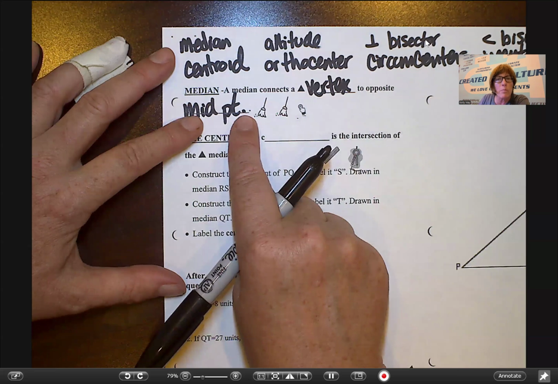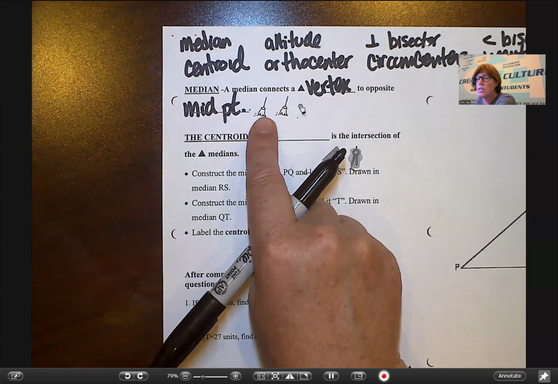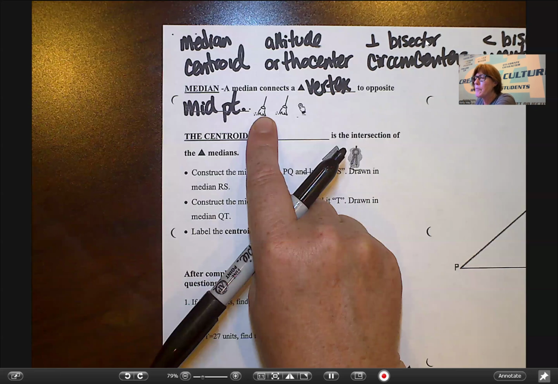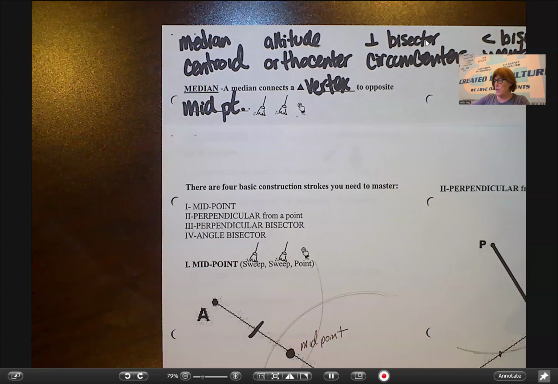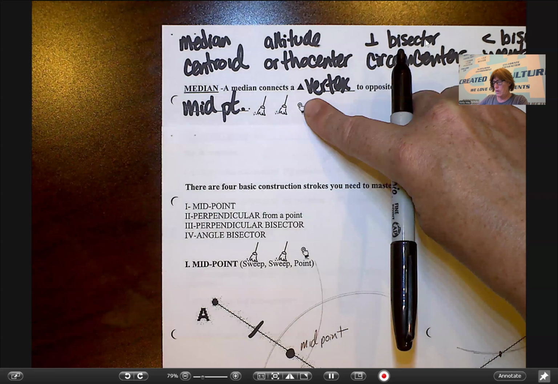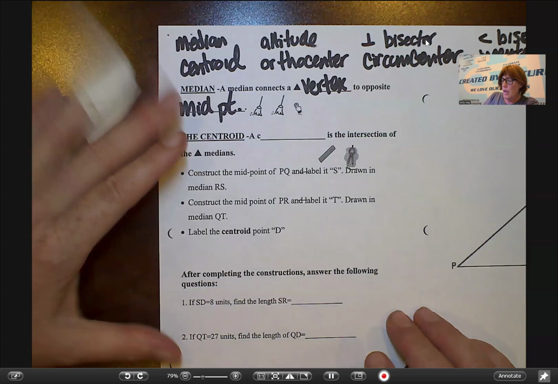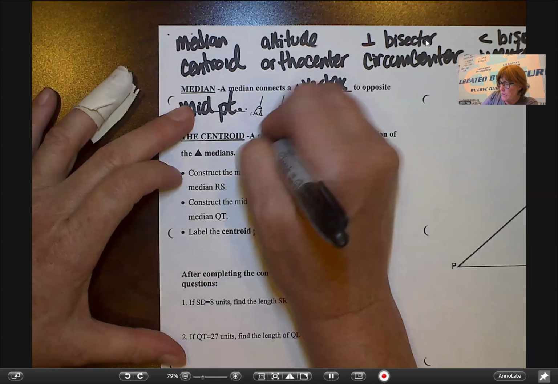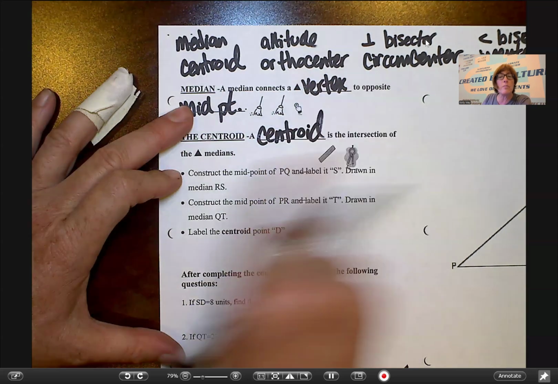And remember, our midpoint construction matches this one: sweep, sweep, point. Sweep, sweep, point. That's what we're going to be doing. A centroid is the intersection of the medians.